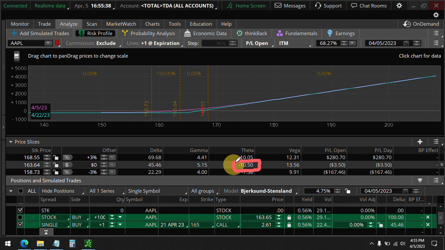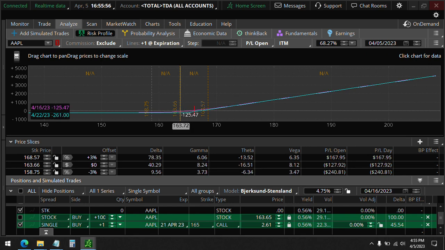It's a -10, so as time goes on, you're actually going to be losing money if the price stays where it is. As you move the time closer to expiration, this gets closer to the blue line, which is the maximum loss on this option, the price you paid for it, 261. So this time decay works against you.